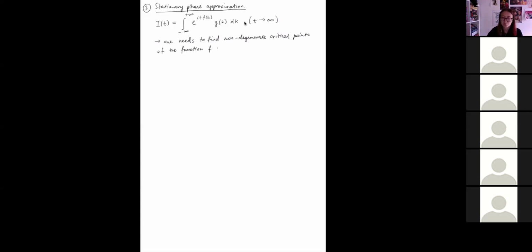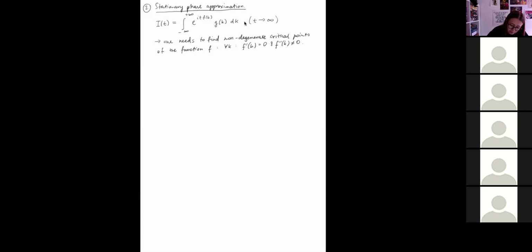which means such points k such that f prime of k equals 0. So the first derivative equals 0, but the second derivative doesn't. And now I will show where this argument comes from, that the largest contribution to this integral comes exactly from the neighborhood of these non-degenerate critical points.